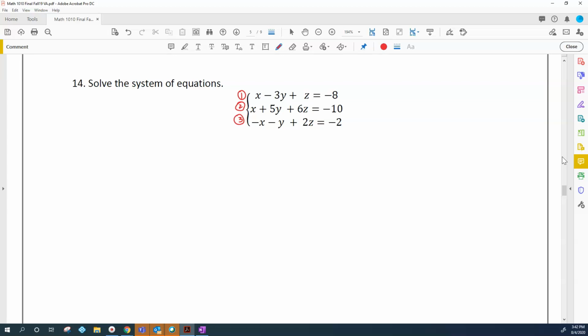So I'm going to first number my 3 equations, equation 1, 2, and 3, and then I want to choose 2 of the equations and eliminate one of the variables. As I'm looking through these to decide, what would you guys say would be the best variable to try and eliminate?